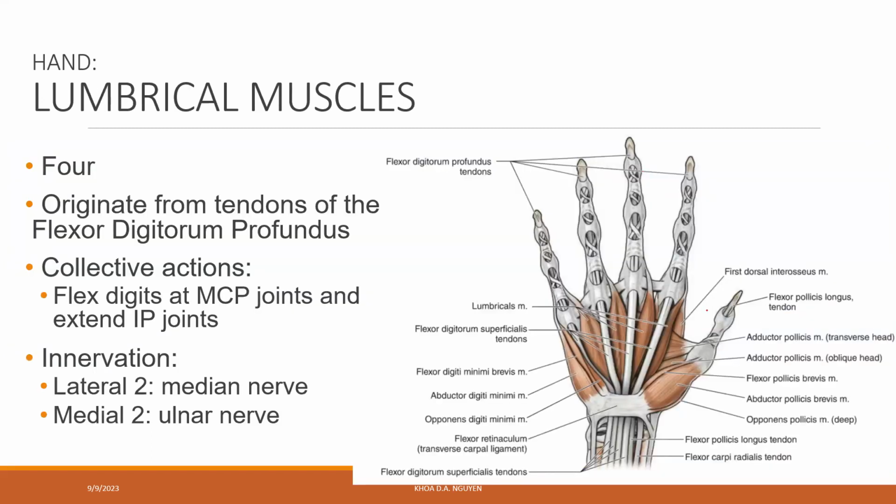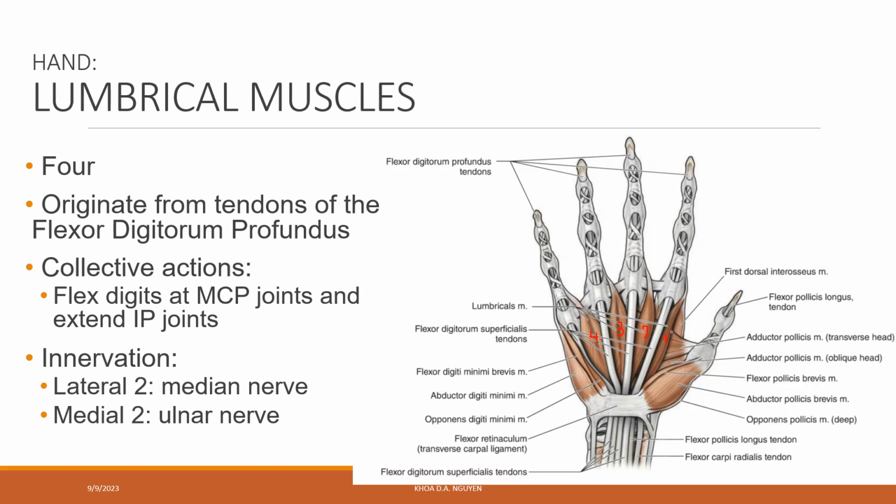Now, lumbrical muscles. There are 4 lumbrical muscles: the first lumbrical muscle here, the second here, the third right here, and the fourth right here. Notice how they differ a little in terms of shape, in terms of morphology.